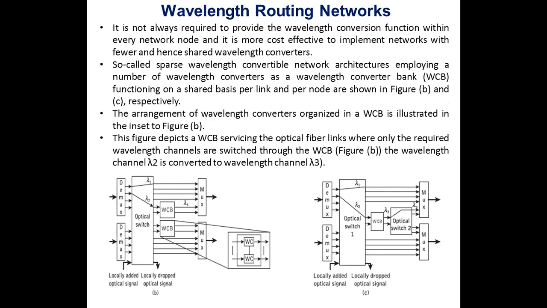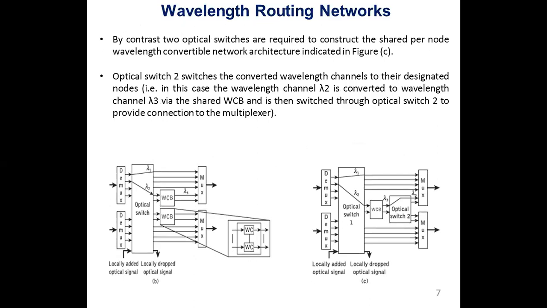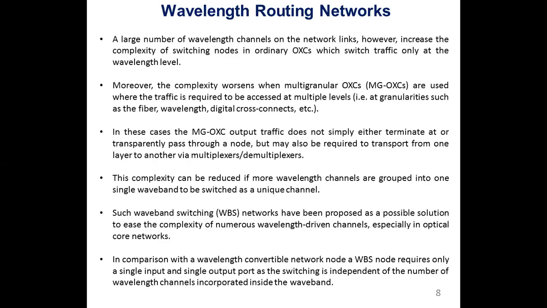In the share per link structure, you need to have an optical switch 2, which will be able to convert the wavelength channel, for example, lambda 2 to lambda 3, as it is shown in diagram C.